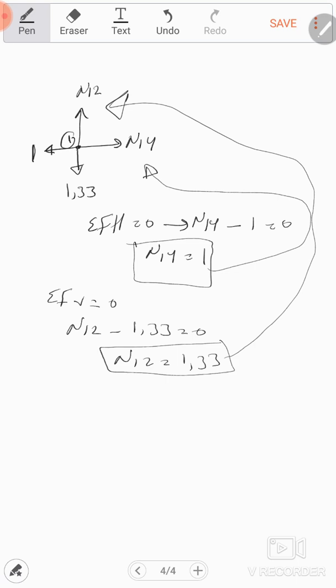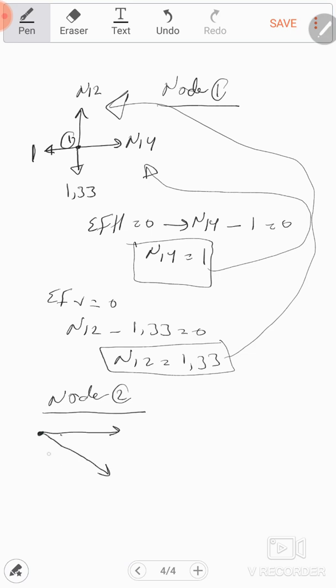Then go to node number 2. This is node 1. Node number 2, we have three members. I cut the truss and also have the angle. This is called alpha.